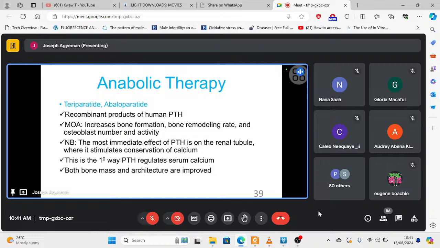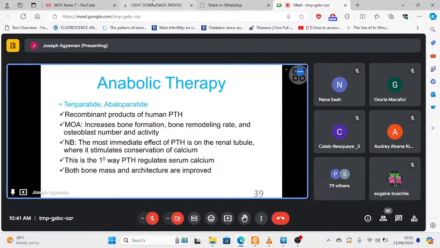Then the anabolic agents. Basically, there are about 3 of them. One group is teriparatide and abaloparatide. These agents have structures just like the human parathyroid hormone. So they are recombinant products that are derived from the parathyroid hormone.